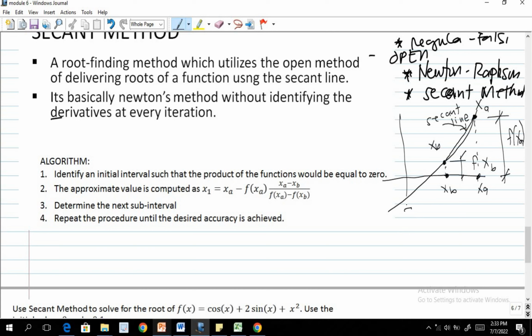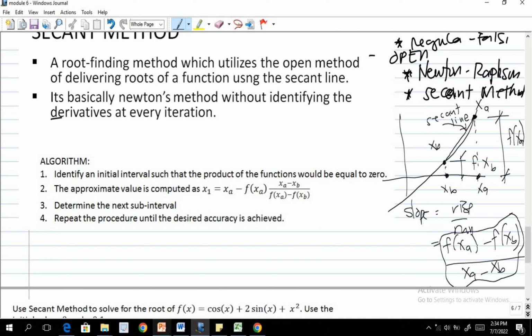Now, we know that slope is equal to rise over run. And basing from this illustration, your rise is equal to f(xa) minus f(xb) over xa minus xb. Now, itong slope ay itong rise over run na to.